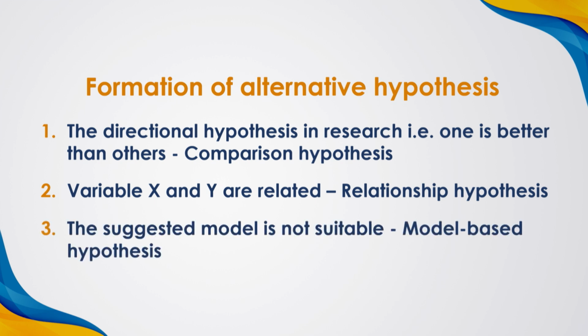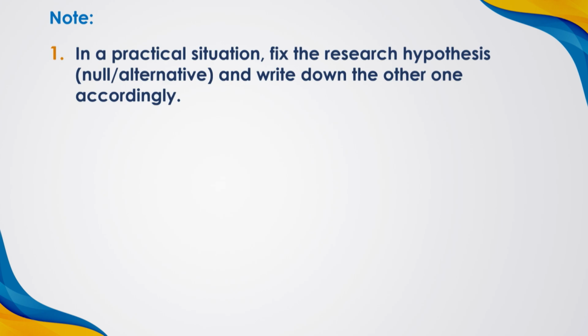In the case of model based hypothesis, the alternative hypothesis is the suggested model is not suitable. Note, in a practical situation, fix the research hypothesis and write down the other one accordingly.